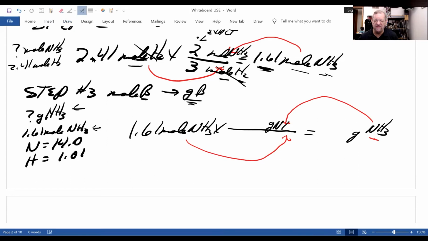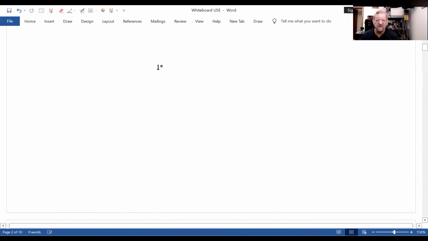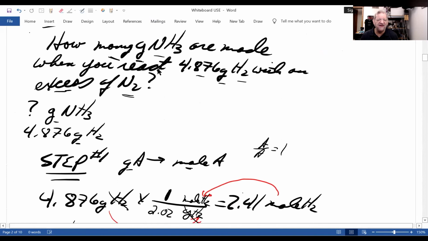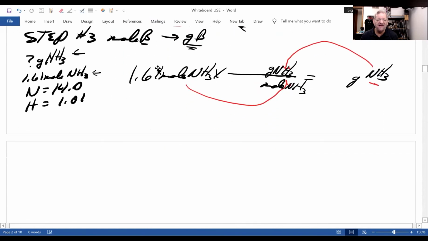And once I know that, I'll put these in there. Grams of ammonia, moles of ammonia. And where do we get that information? Important information for test number 2.